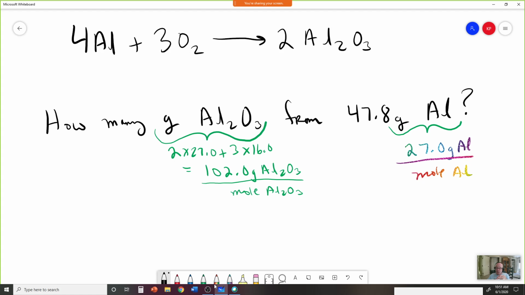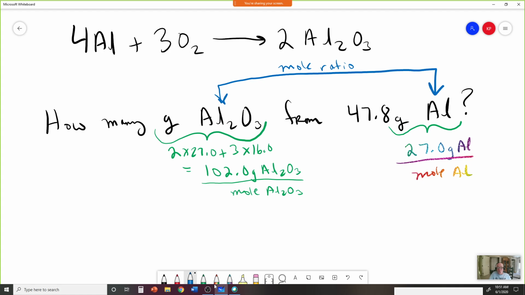And the third question I'm going to ask myself is, do I see myself going from one thing to another thing? And the answer is, yes, I do. I am going between aluminum and aluminum oxide, so I need the mole ratio between the two.